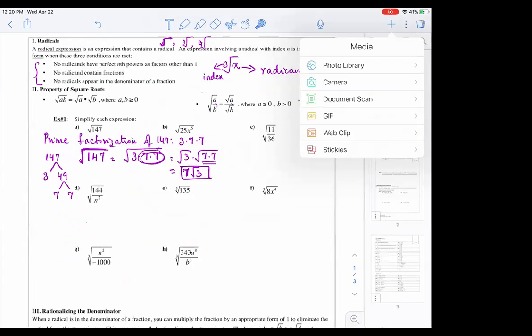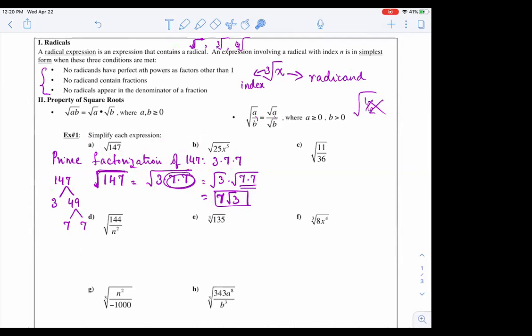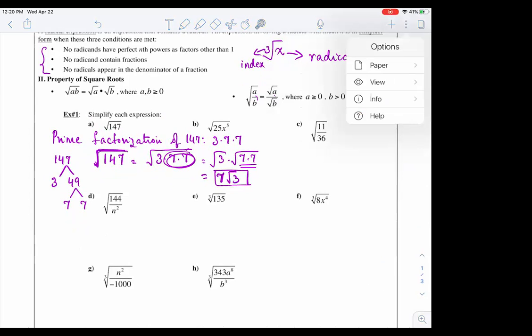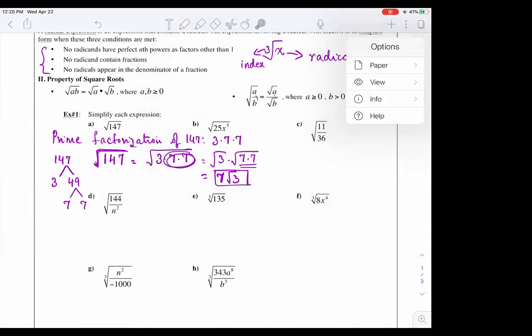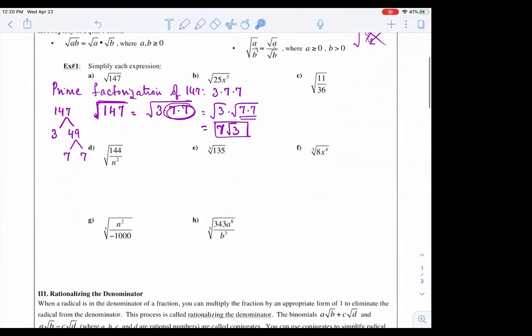Can I just take this one? All right, guys. 25x to the power 5.